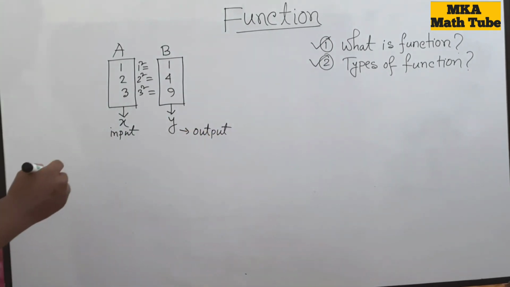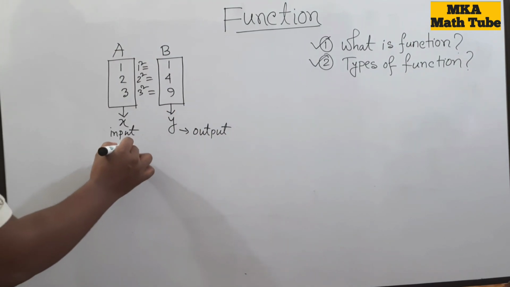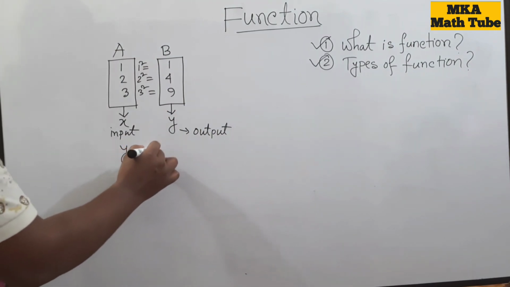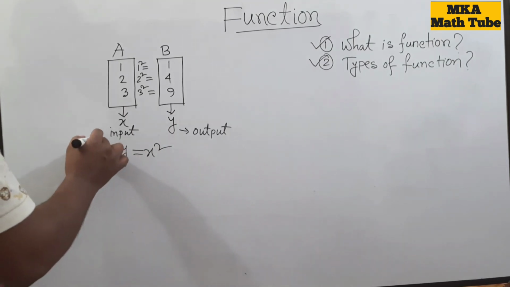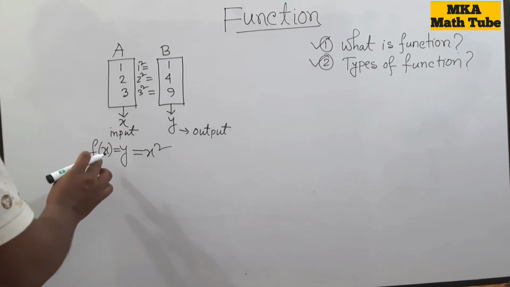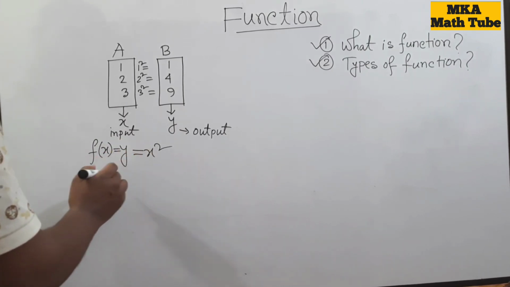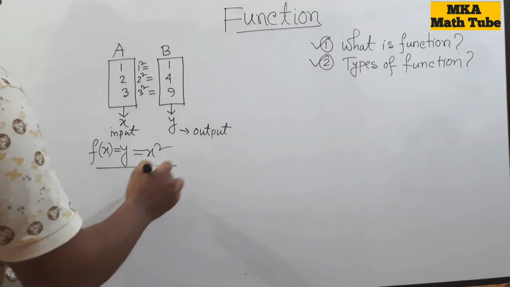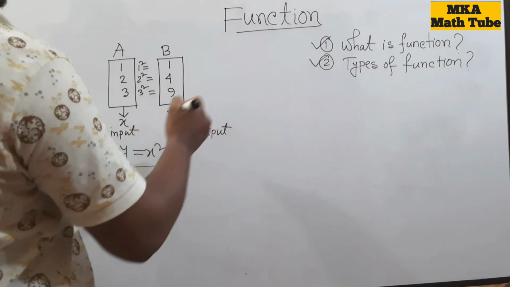So we can see there is a complete relation between set A and B. The relation is y equal x squared. This is the function, or we can write it as f of x equal x squared, or y equal x squared. This is the function.